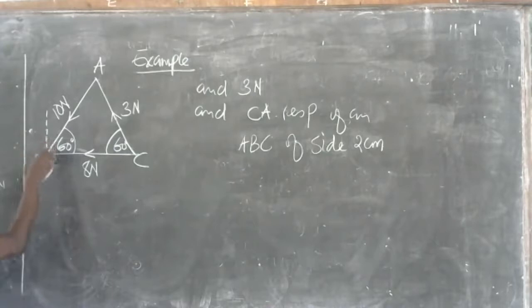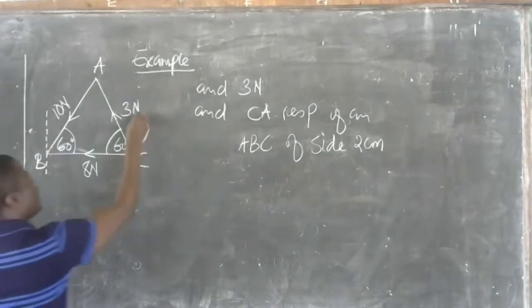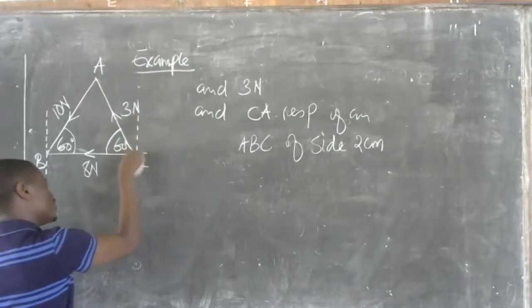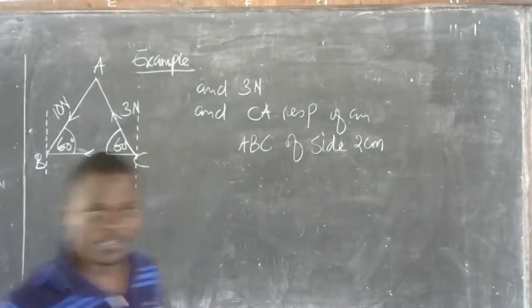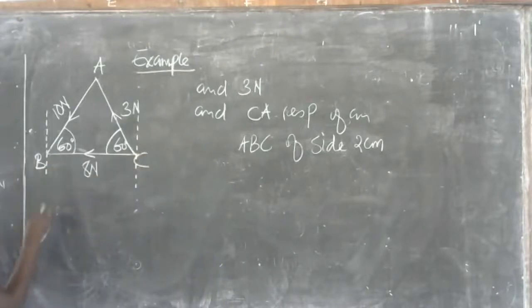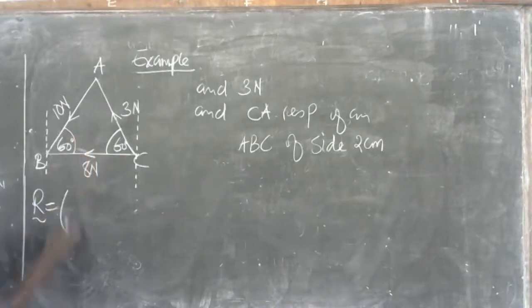You can even create the imaginary vertical and horizontal lines, but don't use freehand. So the 8 newton force will be negative 8, 0. Sorry, x is negative 8, no y.